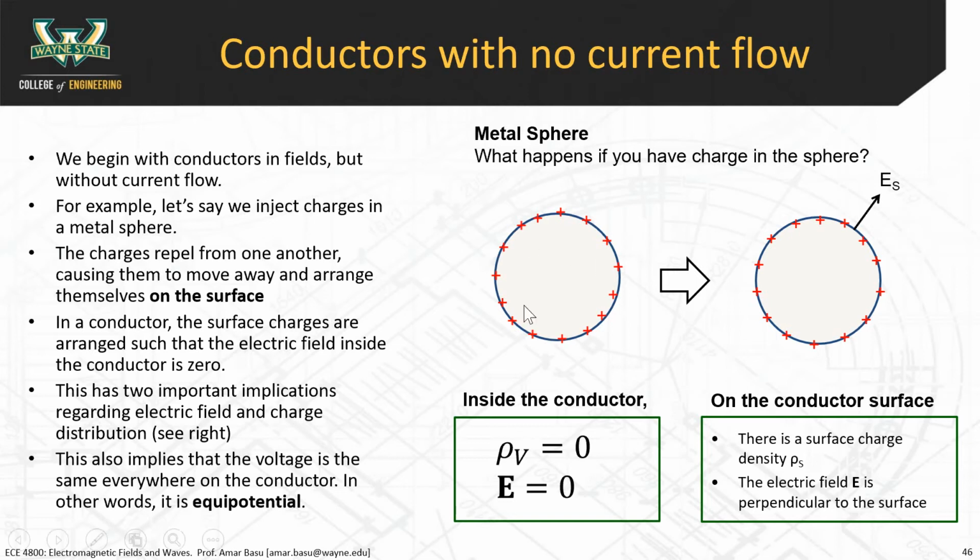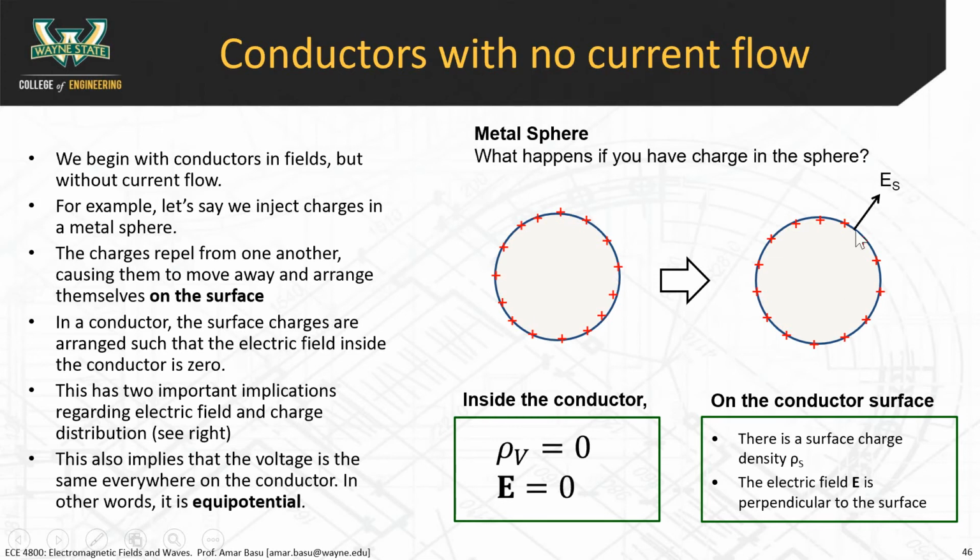So this is why in a metal sphere, when you charge it up, the charges all reside on the surface. There are no charges in the middle of the sphere. Now, there are several important implications of that.